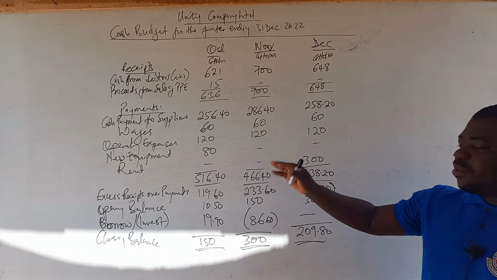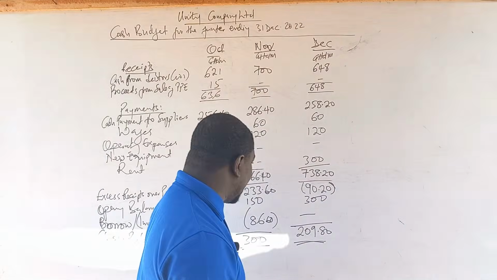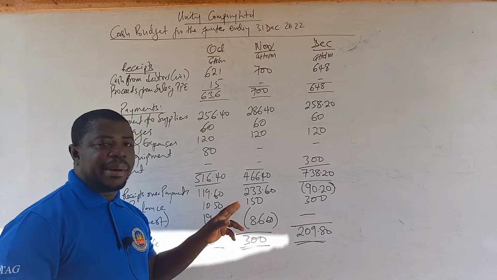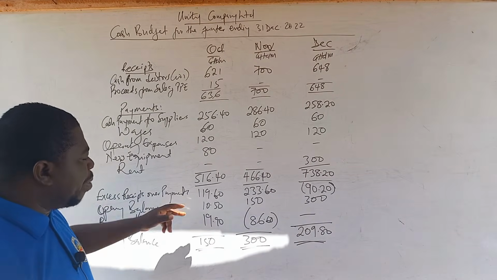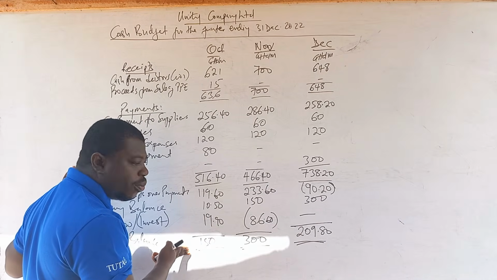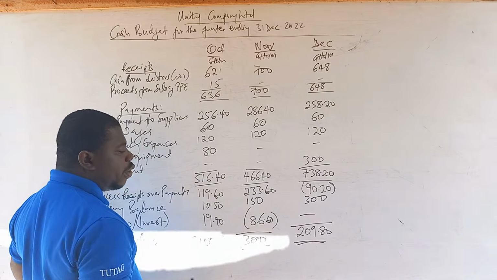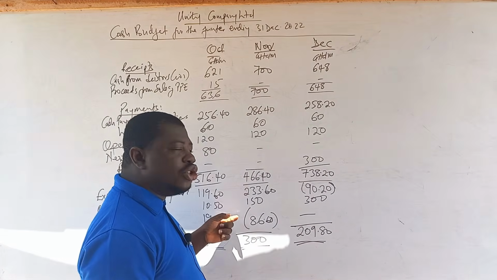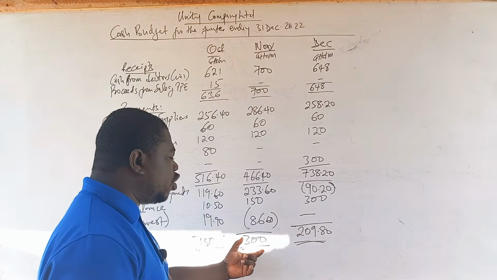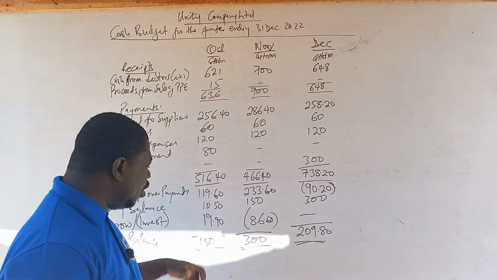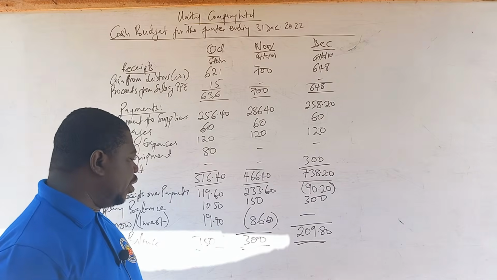So ladies and gentlemen, this is how to go about a situation where you are being asked to keep a minimum or a maximum. Whenever you realize that the closing balance is going to go below the minimum, you borrow the difference. When you realize that the closing balance is going to go beyond the maximum, you invest the difference, to make sure that your closing balance never exceeds the maximum or goes below the minimum.